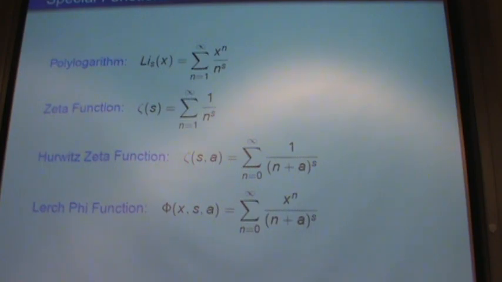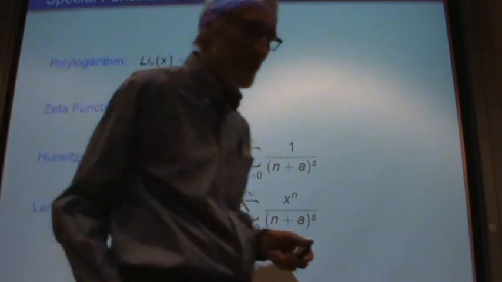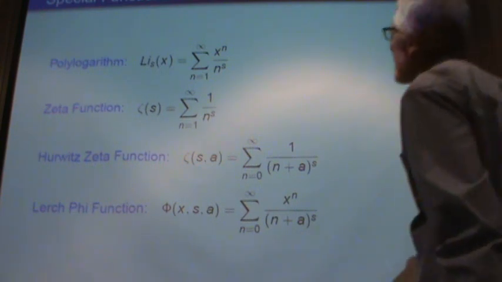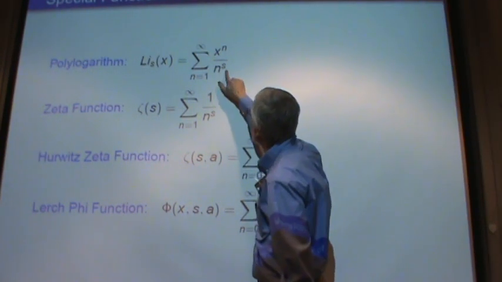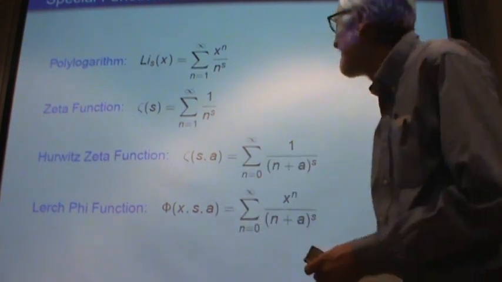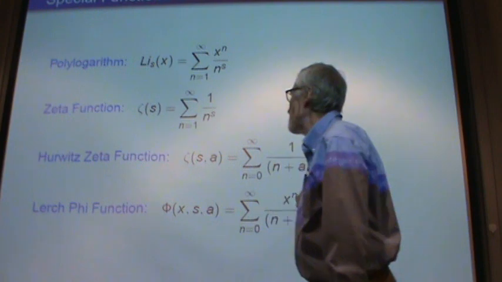Okay, so let me write down a useful formula for Q_{h,k}. We just write down this list of special functions. So I have the polylogarithm. We already saw this: when s is 2 it's the dilogarithm, 3 the trilogarithm. The zeta function comes up.